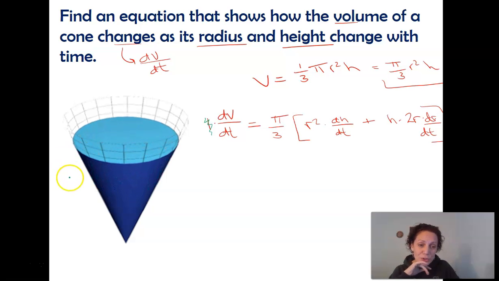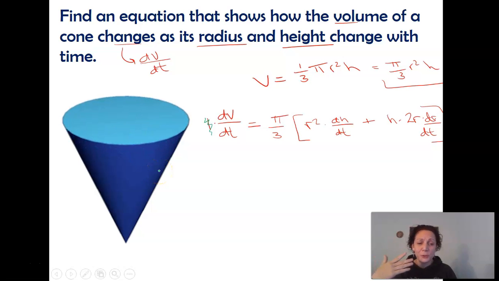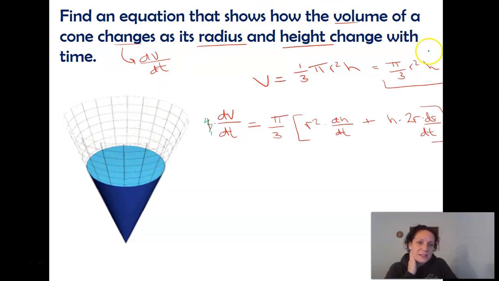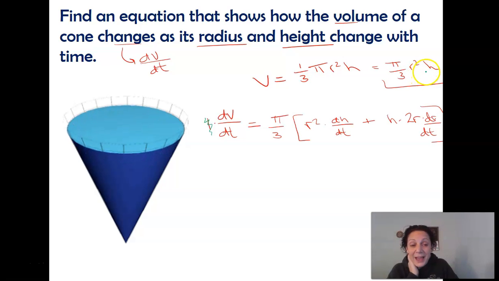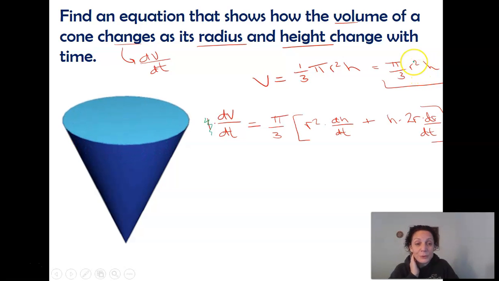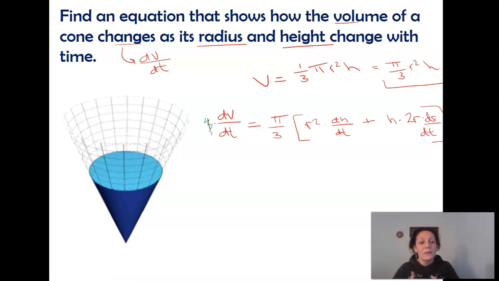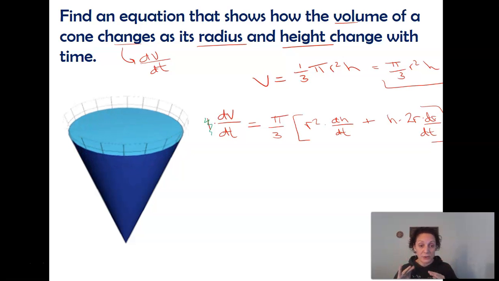If I had told you, tell me the rate at which volume is changing when the radius is 10, people tend to go, oh, okay, well, the radius is going to be 10, so let me put a 10 in right here. Well, if you do that, then when you take the derivative, you're not going to get your dr dt. It's not going to flush out. So you never, ever want to plug numbers in before you've done your calculus.